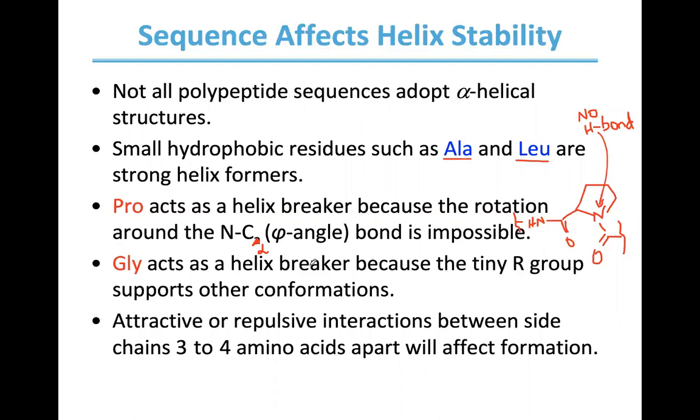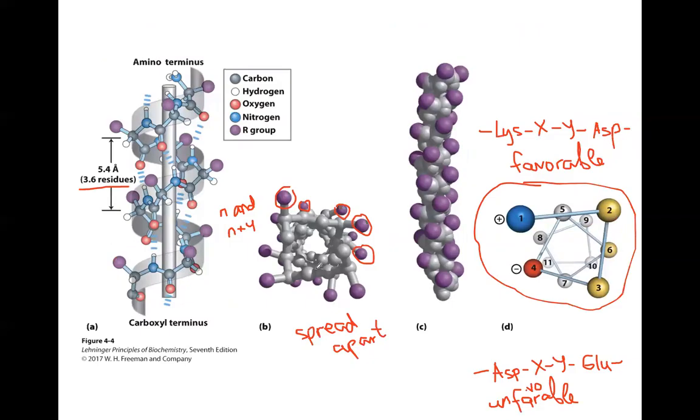Now, another one that is a helix breaker is glycine. Why do you think that is? Well, here's the answer. The tiny R group, which is a hydrogen, supports other conformations. Remember, I told you one of the reasons why the alpha helix is so favorable is that all these R groups spread apart in different directions, with no steric hindrance.